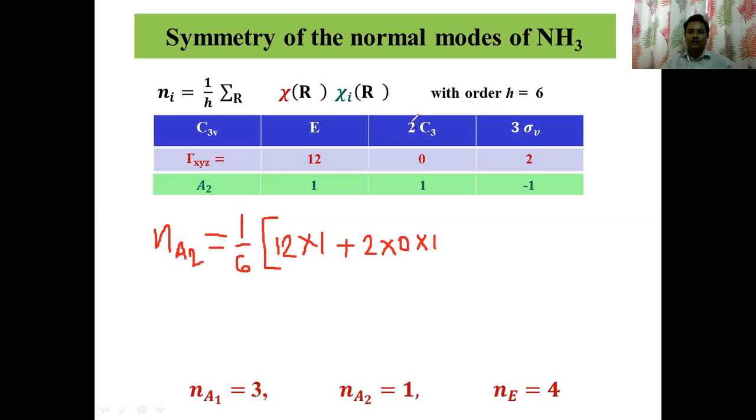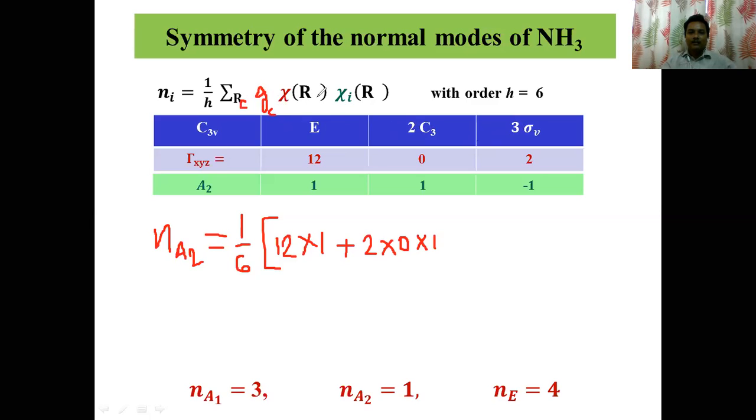Here it is 2, here it is 3. So now I'm replacing this R by RC, where C stands for class. Then I need to multiply with the degeneracy of the class, that is gC.